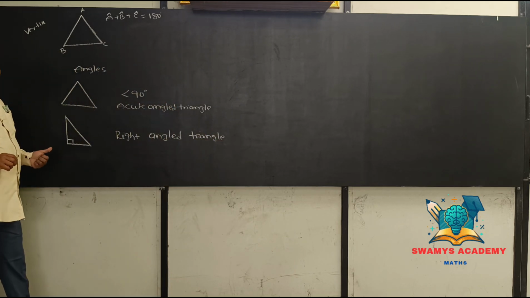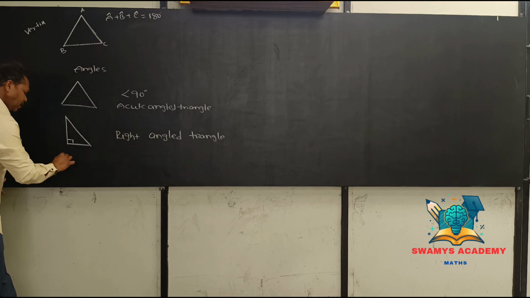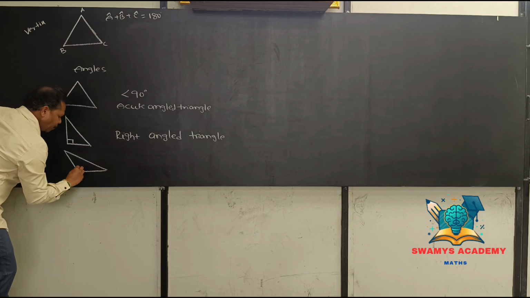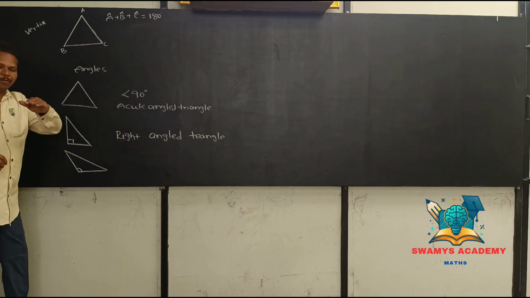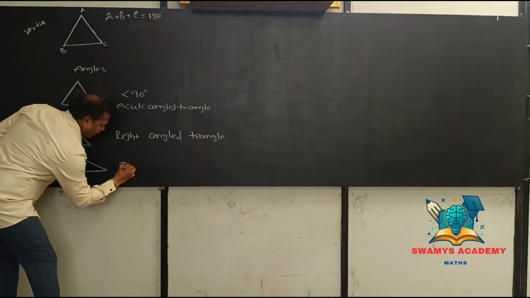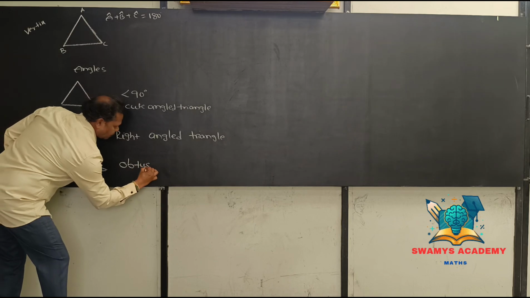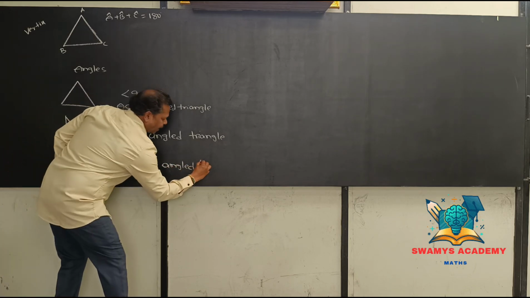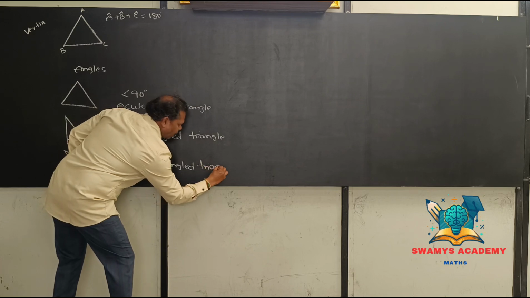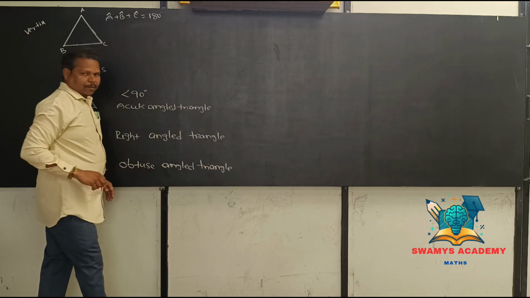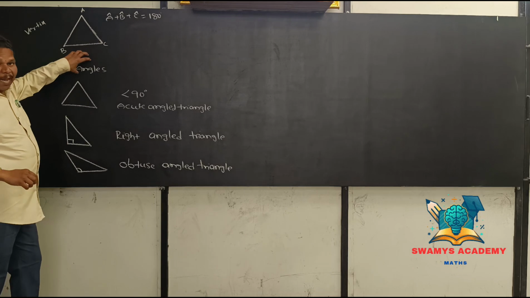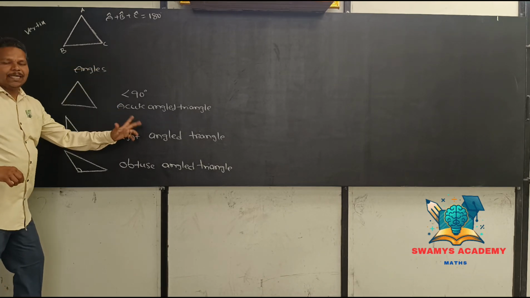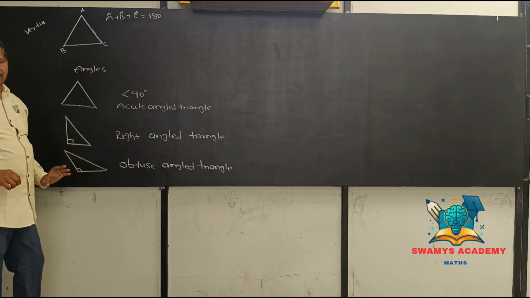Exactly 90 degrees, that we call a right angle triangle. 90 degrees above, 180 degrees below, that we call an obtuse angle triangle. Once again, based on the angle, acute angle triangle, right angle triangle, obtuse angle triangle.